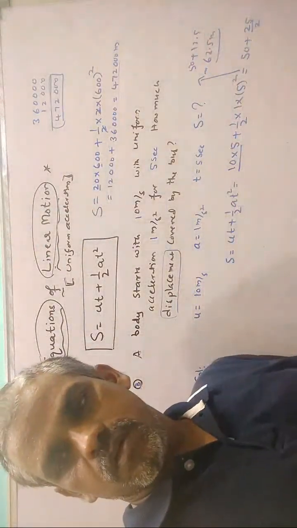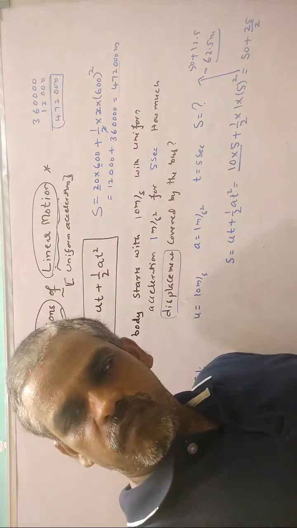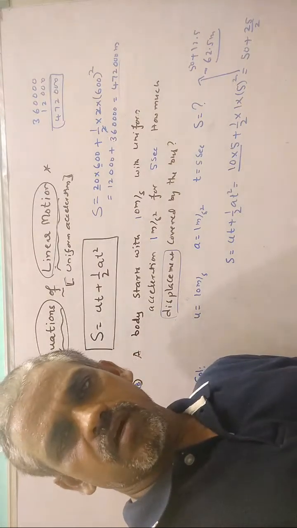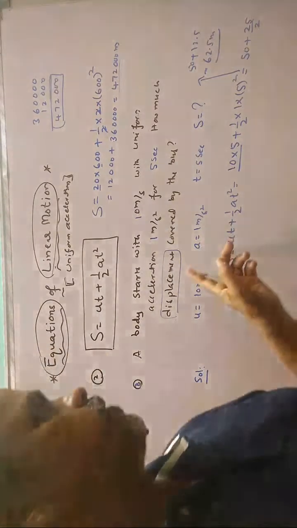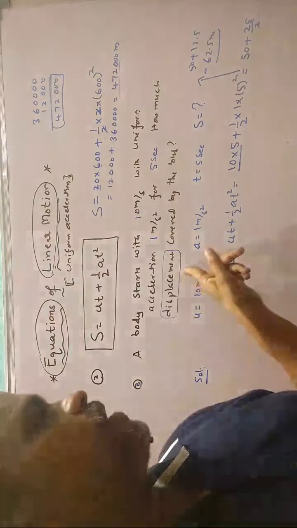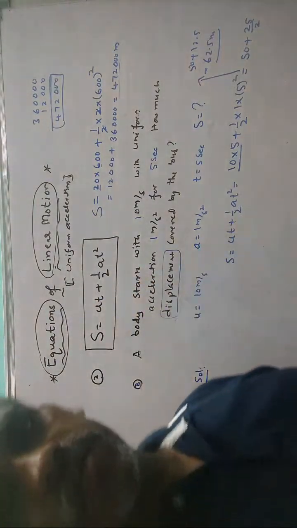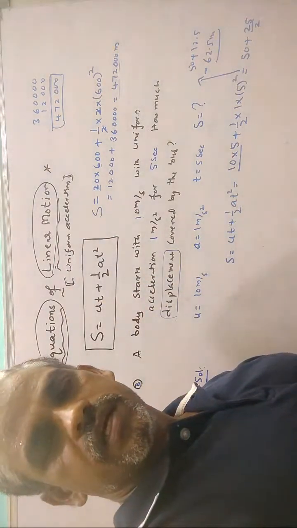Is it? I think you are saying 500 meter per second. This is wrong, no? We don't want to calculate final velocity here. We want to calculate displacement. You have to use the second equation here.